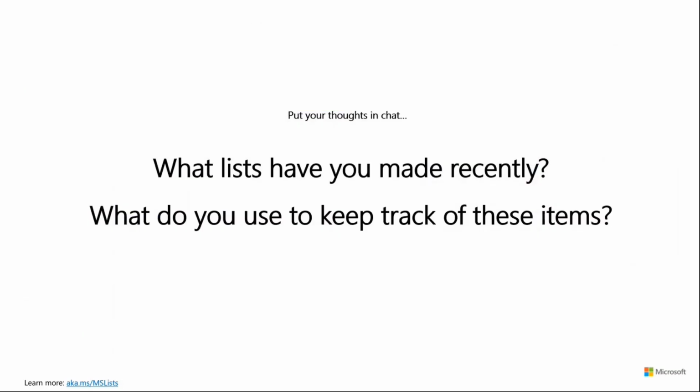But first, in chat, we just wanted to get a little feedback from you. If you have been using Microsoft Lists, we want to know what lists you've been making recently, or maybe the ones that you make all the time. And that's the perfect use case for lists and how you've come to use it. But we also just want to know, how do you keep track of your items? If it's not in Lists, if you haven't used Lists, we want to know how you do it. Is it an Excel spreadsheet?